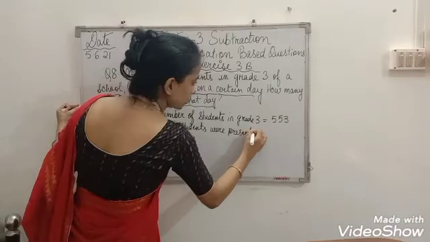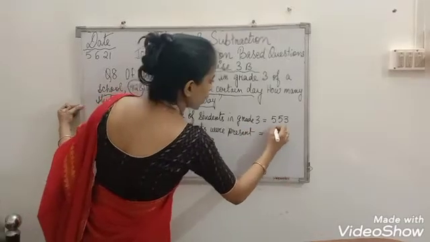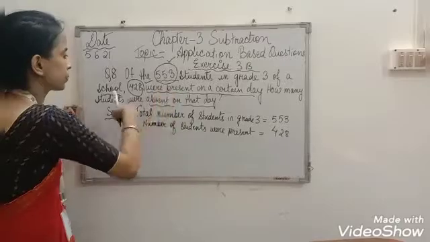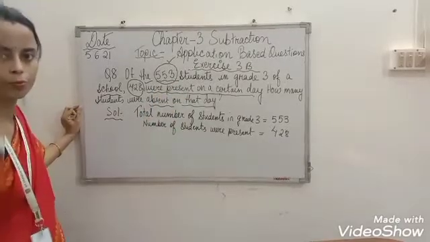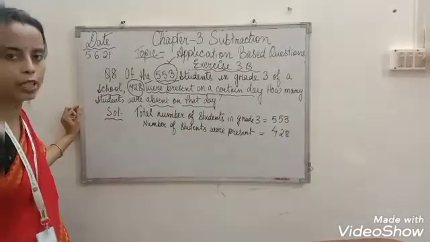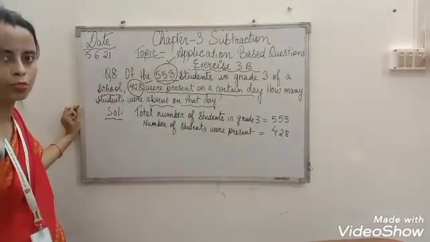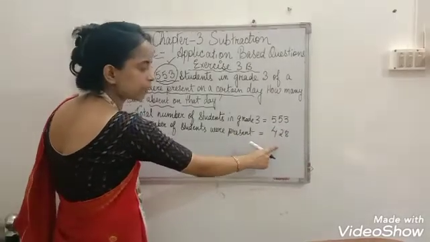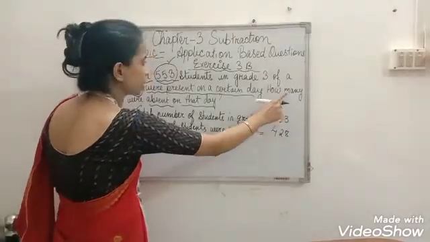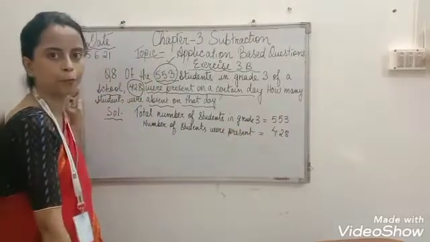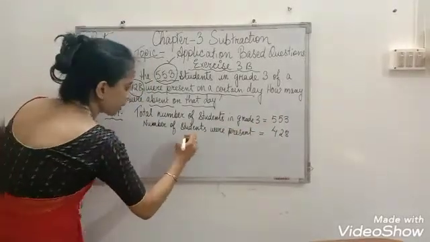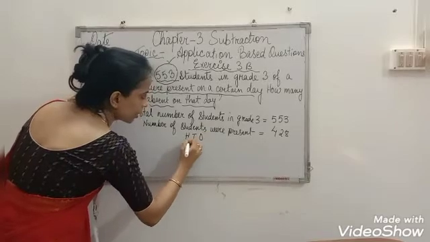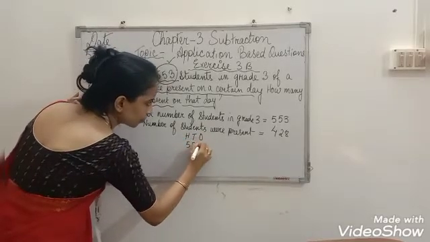How many were present? 428. So how many students were absent on that day? What will we do? We have to subtract 428 from the total number of students, that means 553. Here I will do it, as this is a 3-digit number: hundreds, tens, ones.